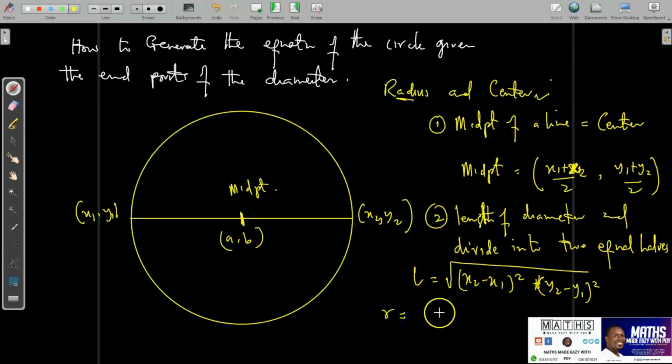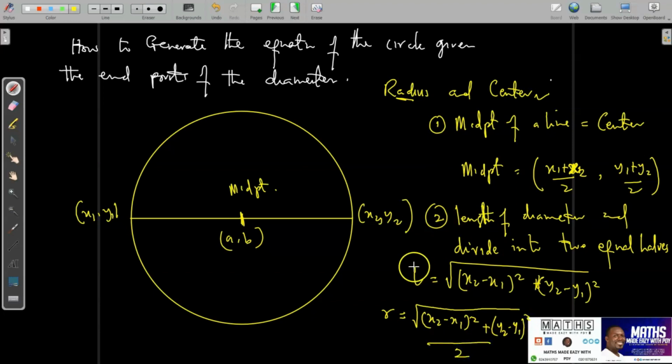So r then becomes the square root of x2 minus x1 all squared plus y2 minus y1 all squared, the answer divided by 2.